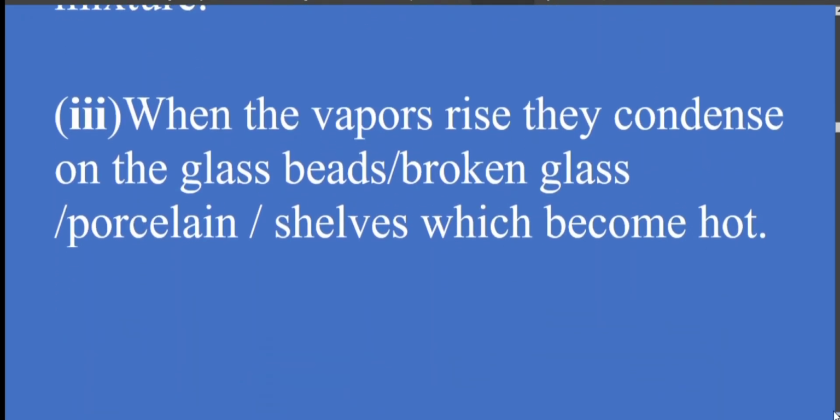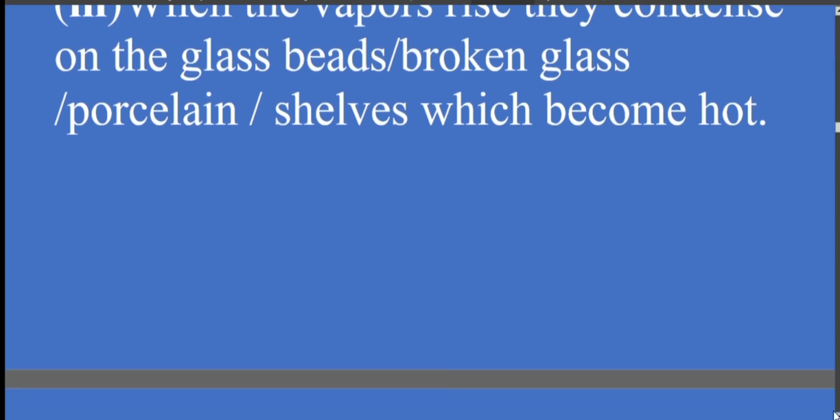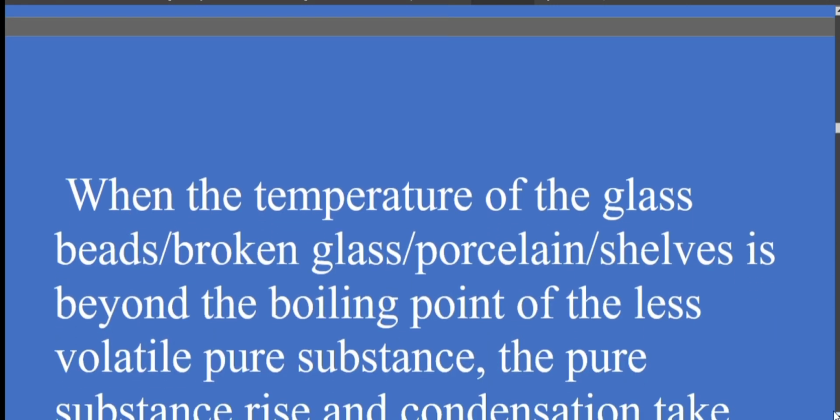So when the vapors rise, they condense. The glass beads, broken glass, porcelain, or shelves become hot when their temperature is beyond the boiling point of the less volatile pure substance.